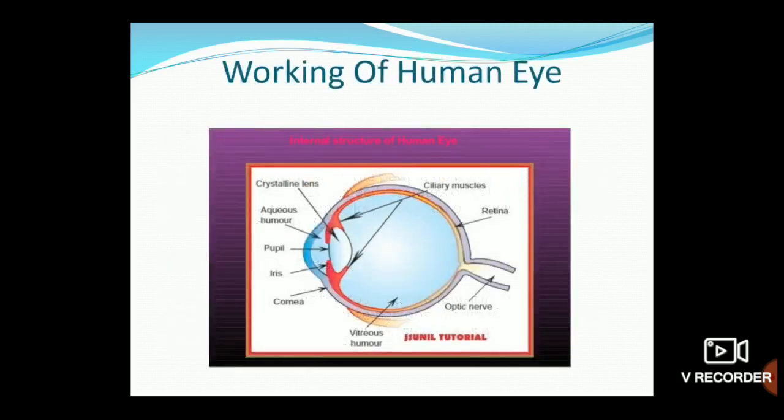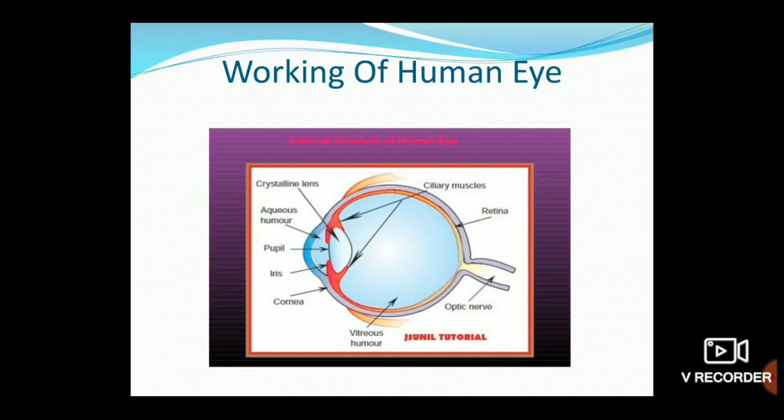If I move across to the working of human eye, before going with it, let us recall the structure of human eye, what we learned in the earlier class. As I told you, human eye is like a camera and it consists of a convex lens. This lens system forms an image on the light sensitive screen called retina.